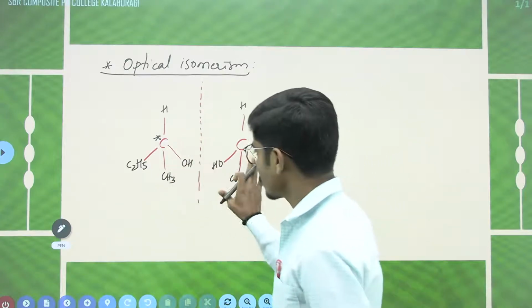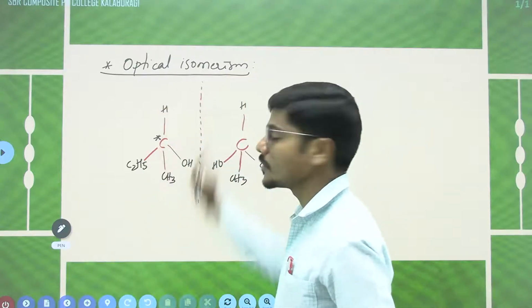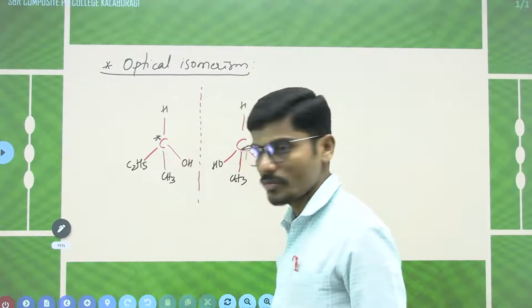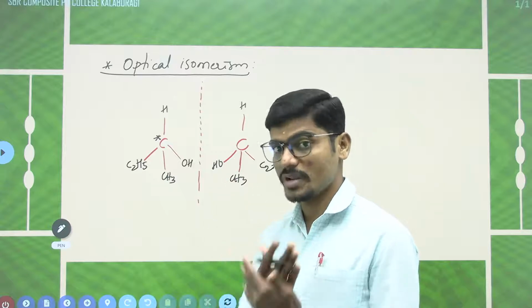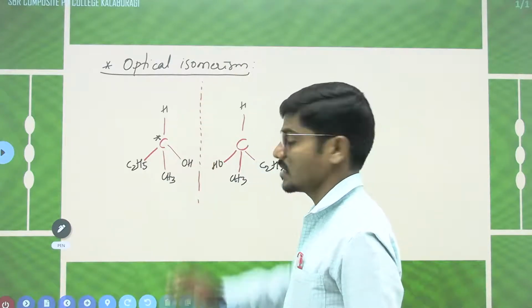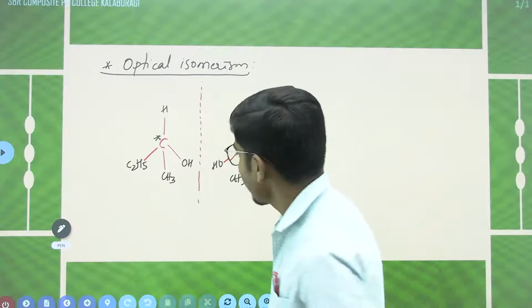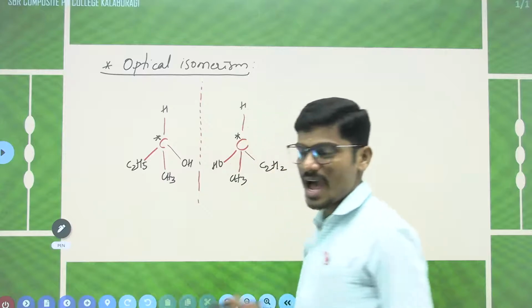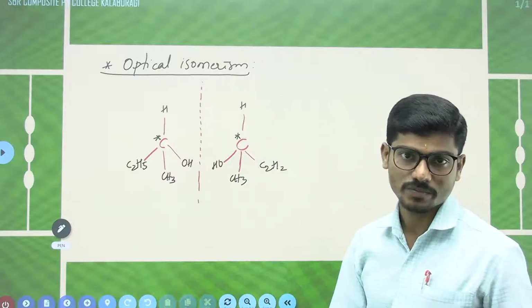These two compounds are said to be optical isomers because the compounds have the same molecular formula and are non-superimposable mirror images. This phenomenon of existence is known as isomerism, right? This is also a chiral carbon atom, an asymmetric carbon atom.